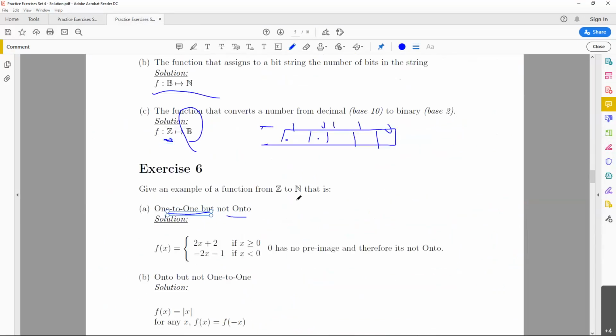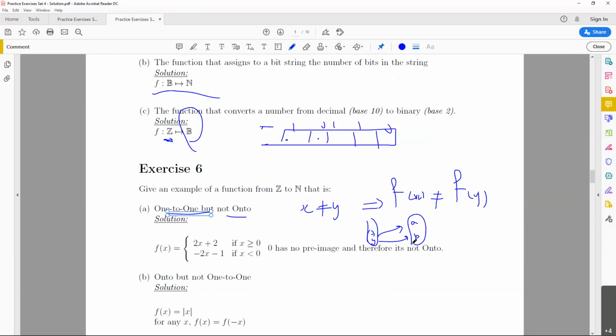What does that mean? For any x, y, if x is different from y, then that means f of x is also different from f of y. So any two elements here are going to be pointing to two different elements here.